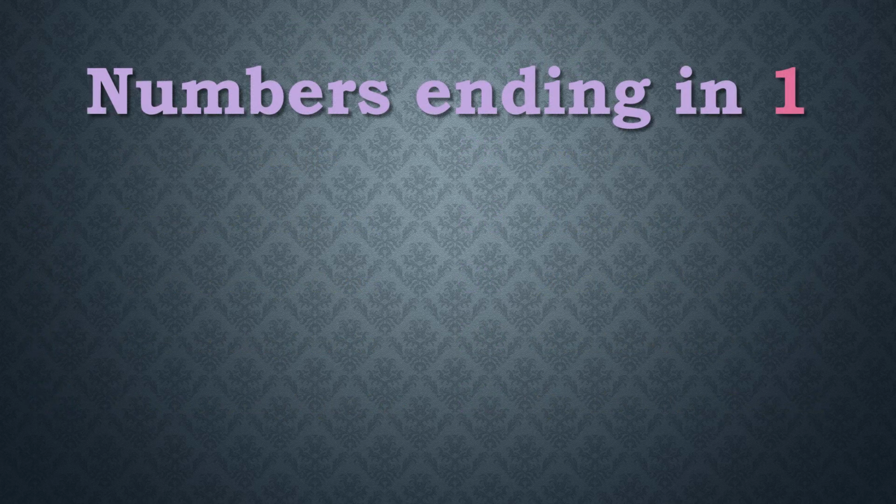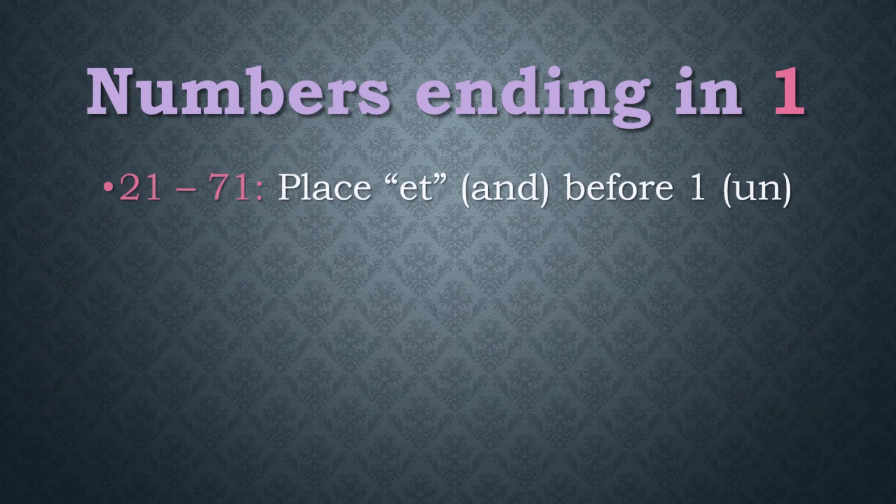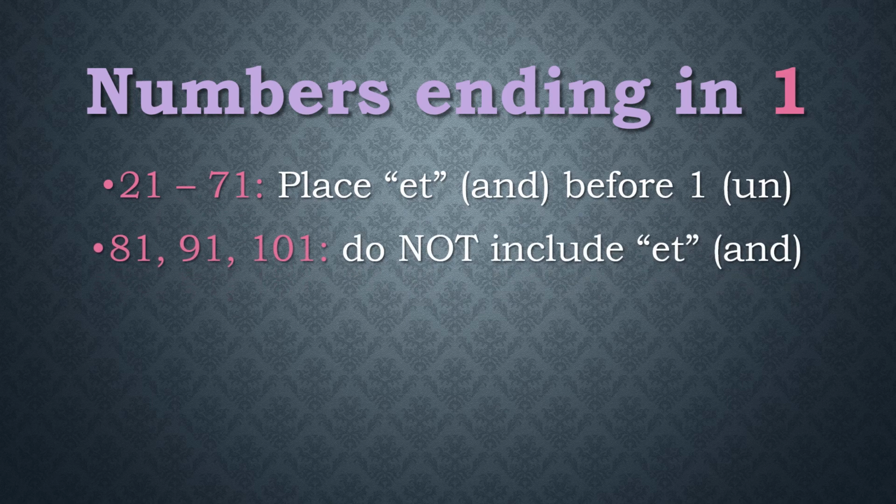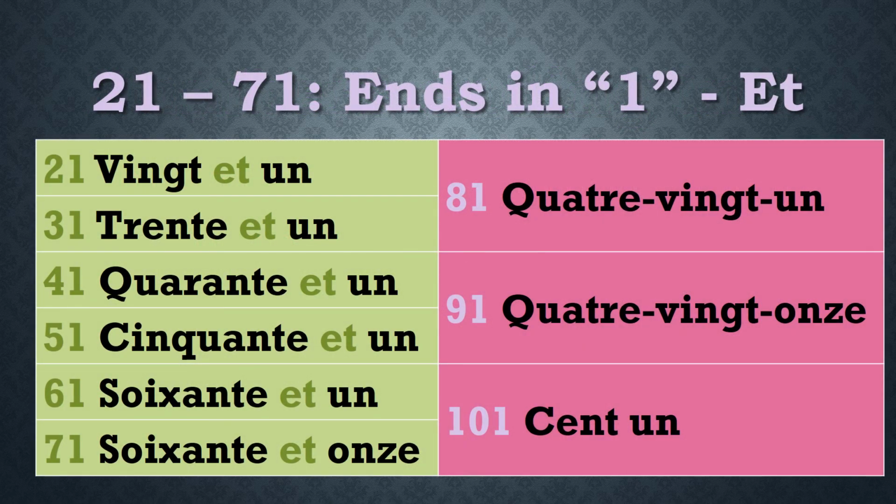So the overall rule is, for numbers 21 through 71 that end in 1, you include and. For 81, 91, and 101, however, you do not include and. And we have a little table here that shows that. We only include and for 21 through 71.